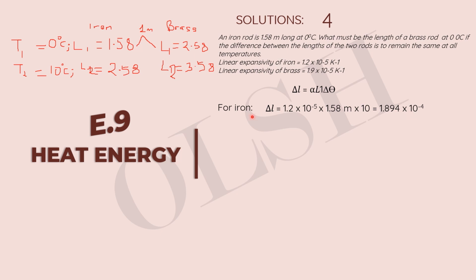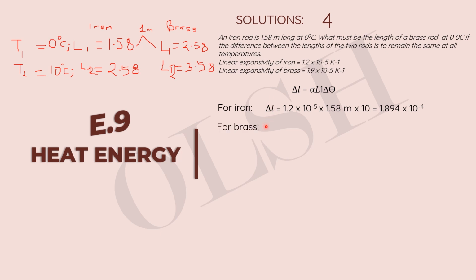So it means if this is the change in length iron goes through when its temperature is increased from 0 degrees Celsius to 10 degrees Celsius, then we're going to have that same change in length when brass is increased from 0 degrees Celsius to 10 degrees Celsius. Remember, we're not talking of L1 and L2. The values of L1 and L2 will be different for both metals, but the difference between that value L1 and L2 is maintained. That's the idea, don't forget.